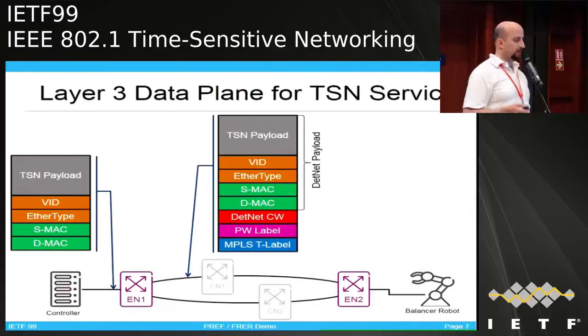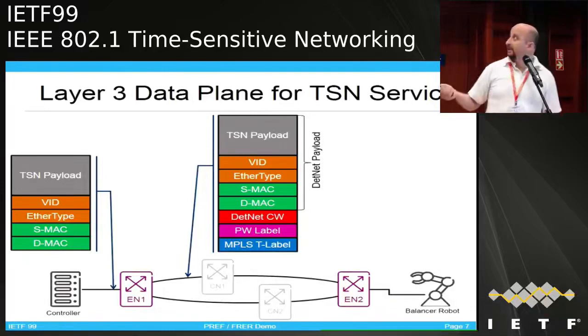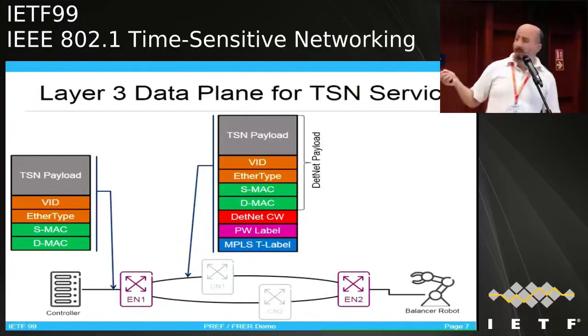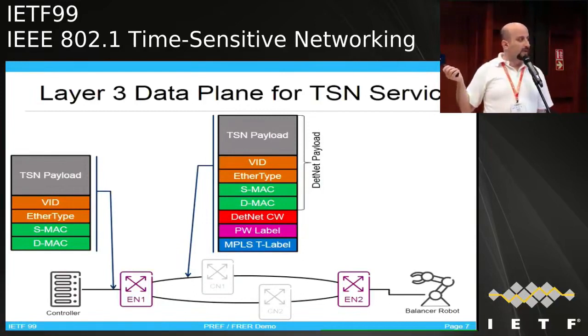At layer 3, if the layer 3 network is used to provide a TSN service, we have the same format at the UNI between the hosts and the edge. In case of an MPLS data plane, we have the MPLS transport label, then a pseudo wire label, and the control word is mandatory.